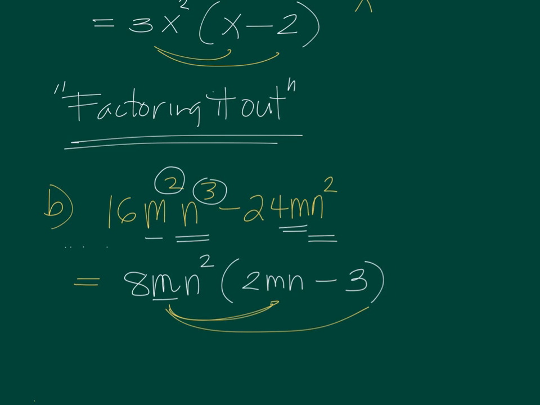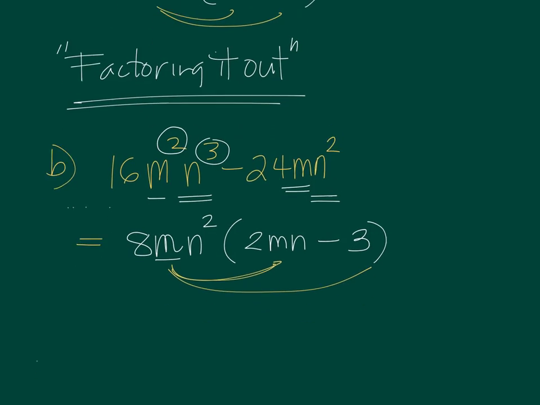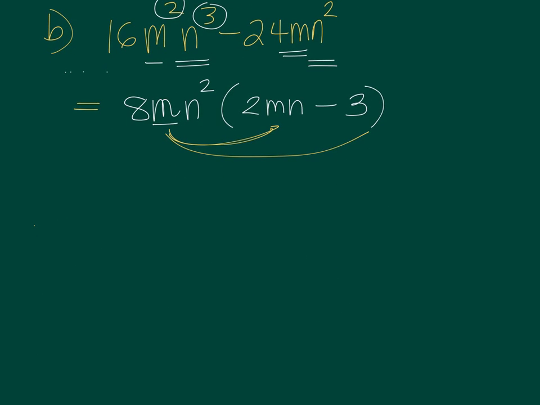Okay. Letter C. J squared minus 121. Now, unlike A and B, there is no common factor for j squared and 121. So we have to check if this is some kind of a special expression that requires special factoring methods. Okay.